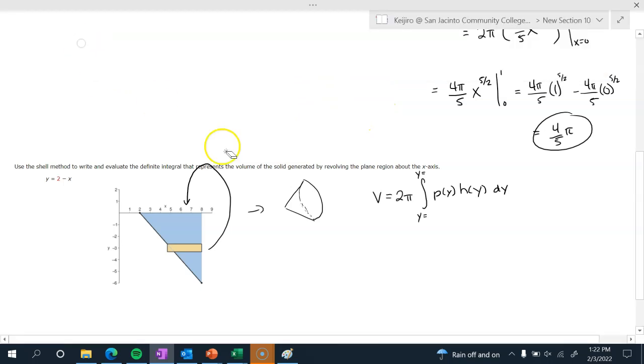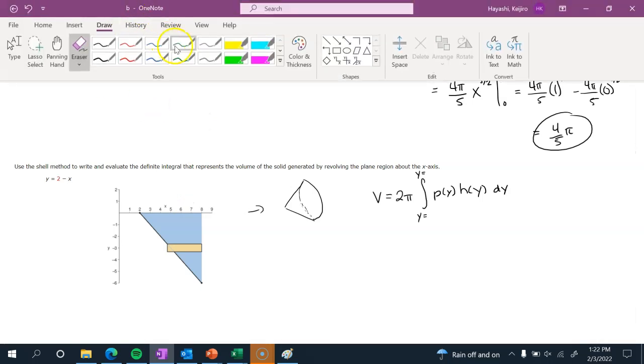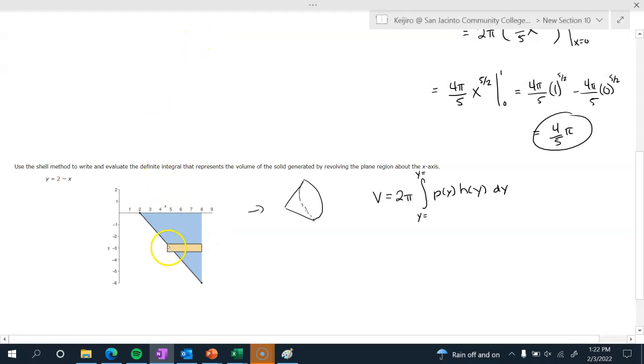So if we just sort of try to draw a little representative cylinder, or a representative cylindrical shell.